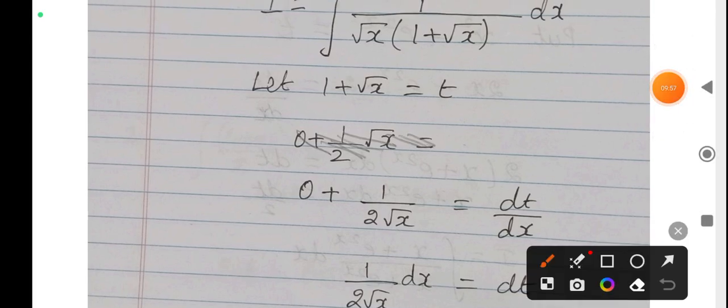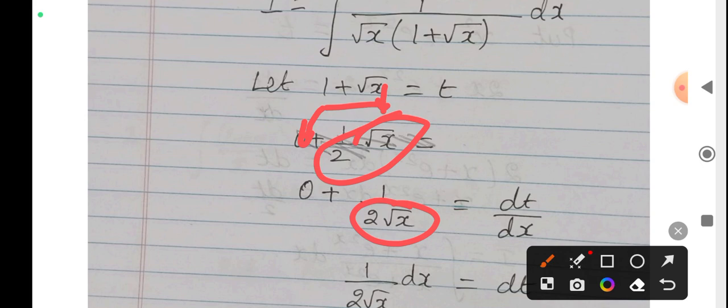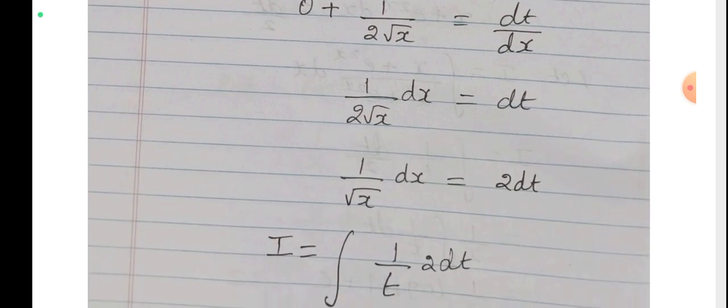Then differentiate. Actually, I made a slip. In my mind I was very clear: 1 plus root x differentiation, 1 differentiation is 0, but root x differentiation is 1 by 2 root x, the 2 root x should be in the denominator, but when I first wrote it, I wrote it up, so that is not correct. So always remember the differentiation of root x is 1 by 2 root x. In the substitution method, this differentiation is nothing but dt by dx.